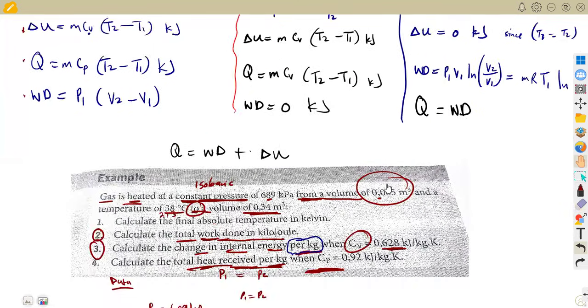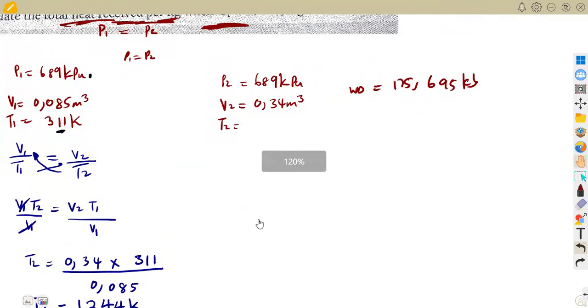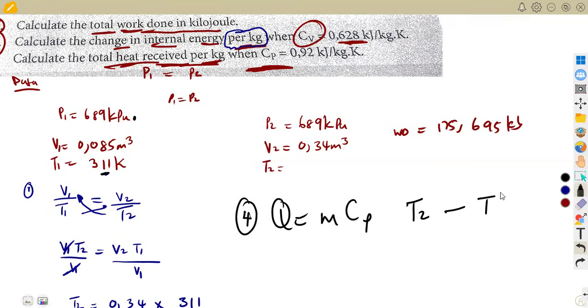All right. So Q, representing the total heat that is being received, can be calculated. We saw that Q is equal to M CP times the change in temperature, T2 minus T1. CP is for constant pressure, that's why we are given that.